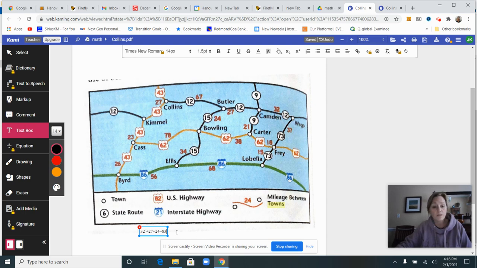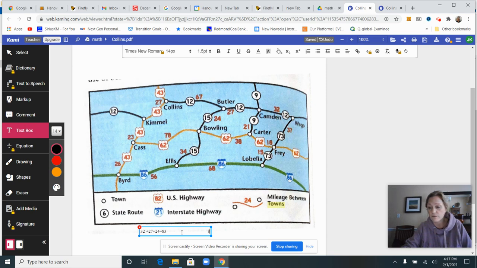Okay. So then what do we do? Well, then we have to take out our calculator. Let's say it was all interstate, there was no traffic, and you could travel 55 miles an hour. Then what are you going to do? Well, you're going to take that mileage and divide it by how fast you went.